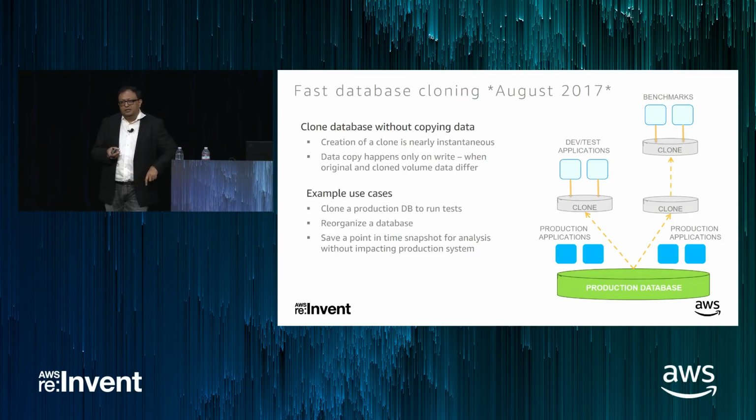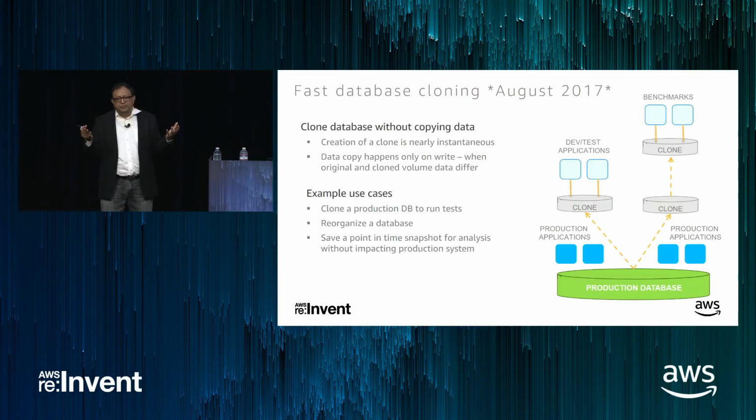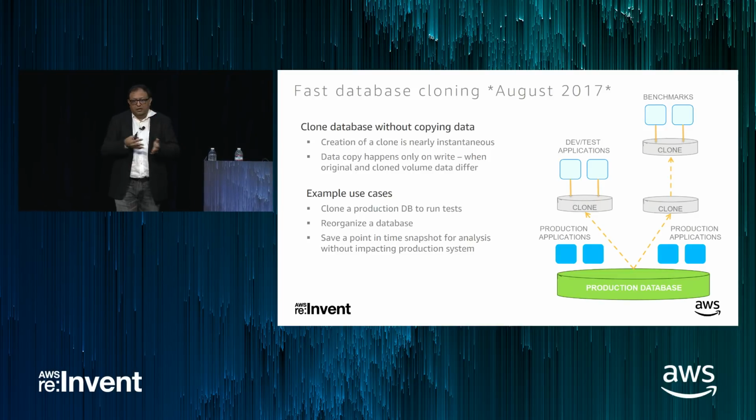What happens then is that I've created this clone volume, and as I write either on the original database or on the new database, we end up creating copies, right? And if we haven't done that, we can both read the shared data. So that saves both space, and it also saves time in terms of creating the copy.